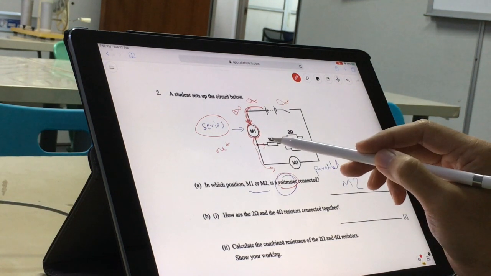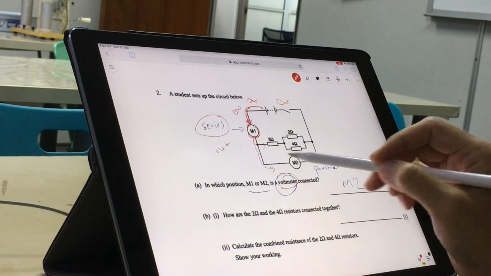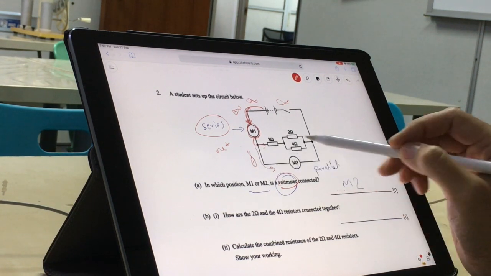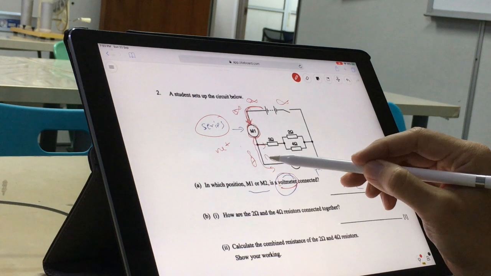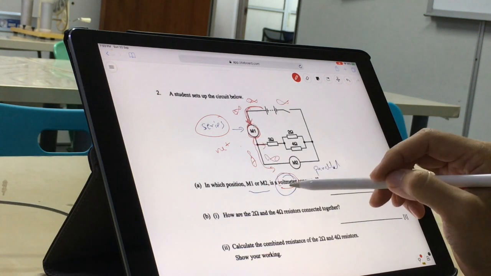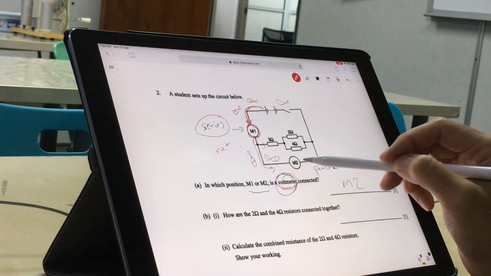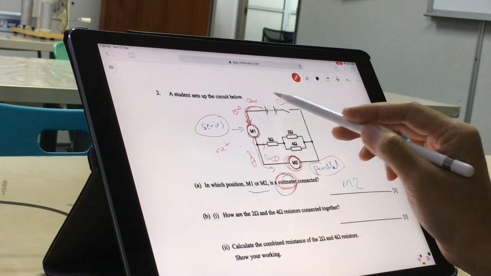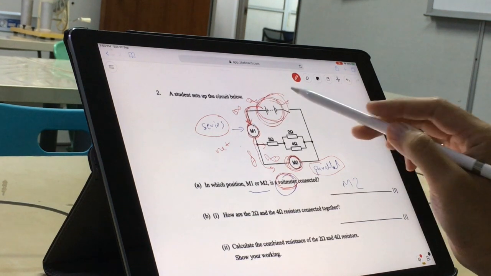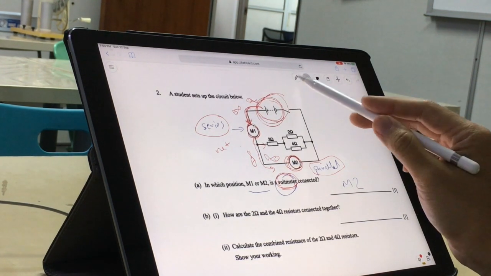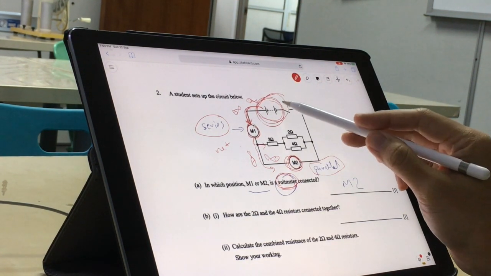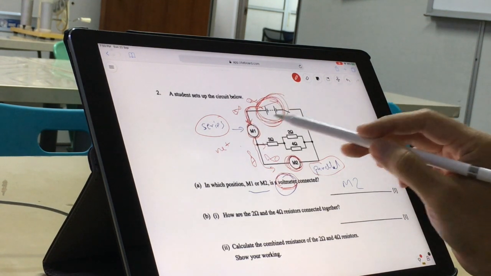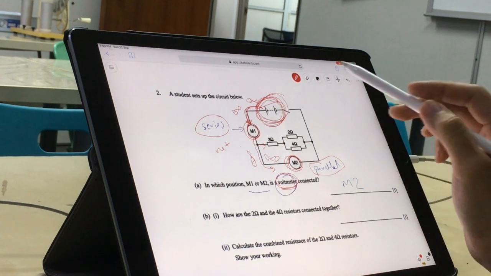I know your question is, some fish also pass through here, right? Yes, the fish also pass through here. But the voltmeter, this M2, is parallel to this part. M2 is parallel to the battery, but M1 is series to the battery.